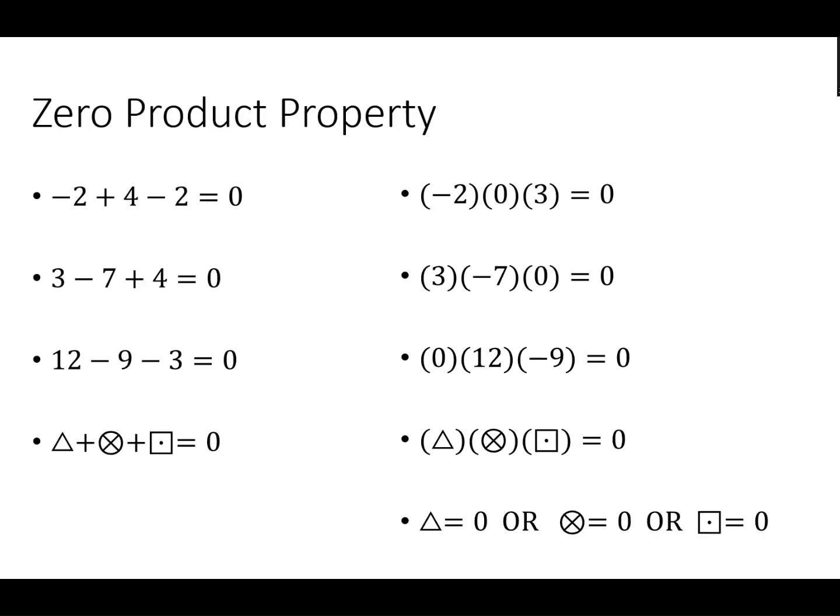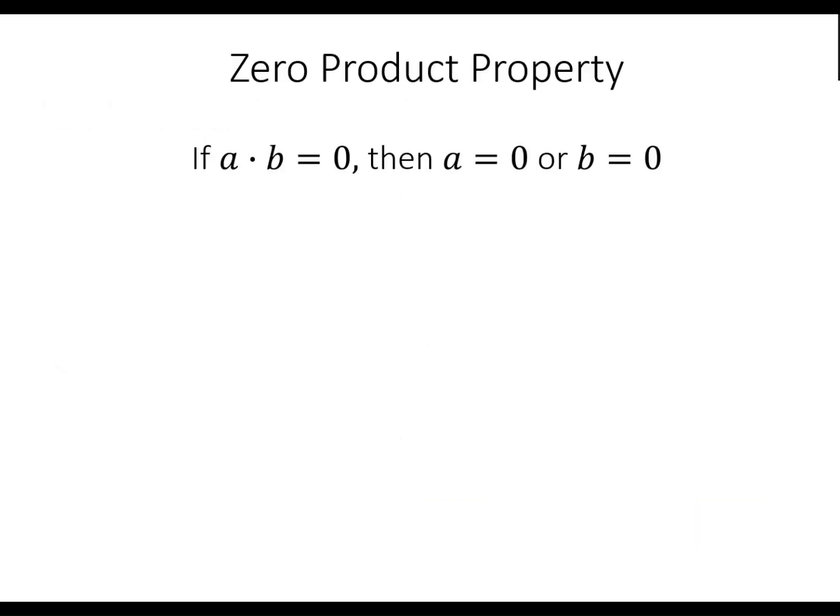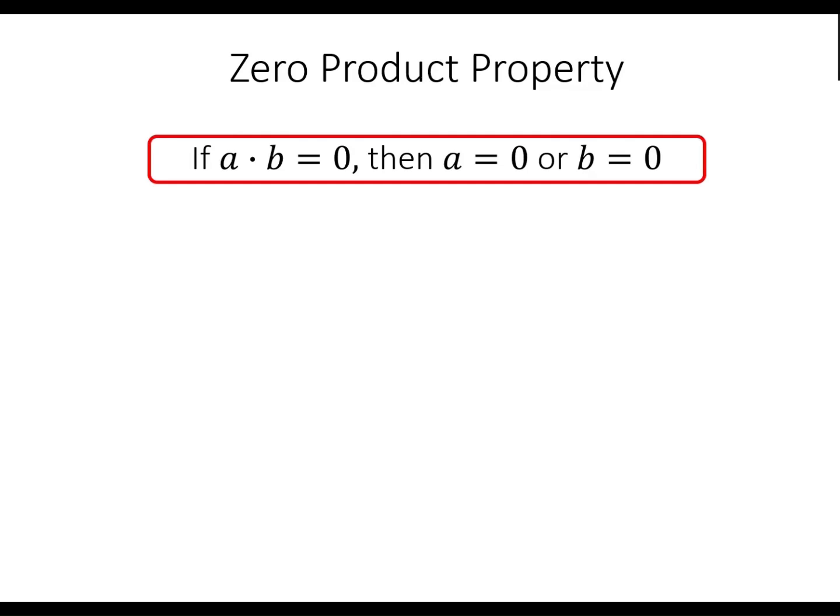In this case, either the triangle or the circle or the square should be zero for the product to be zero. The zero product property tells us that if the product of two or more factors is zero, then one of the factors has to be zero.